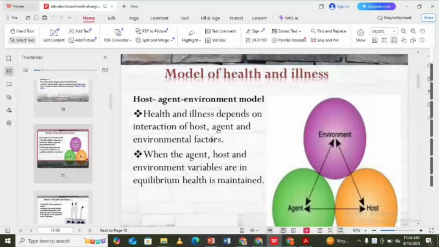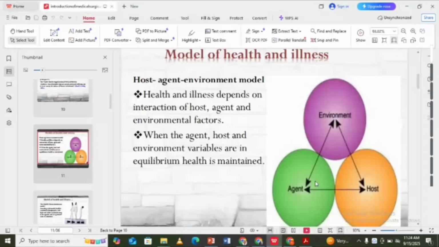But instances where they are not in equilibrium, they are not stable, this is instability, then disease comes in. So the environment, the agent, the host, they have to be maintained in a state of equilibrium to maintain the well-being of individuals. Once this is affected, then that leads to disease.